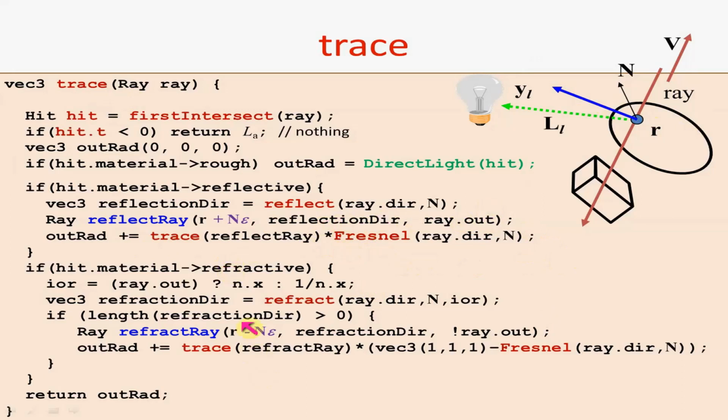And the same happens with refractive objects. The only difference is that instead of the reflection direction, the refraction direction is calculated. Note that there are cases when there is no refraction direction, so it should be checked. And obviously when there is no refraction direction, there is no additional recursive trace call.